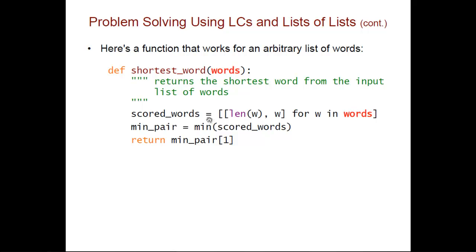I'm assigning the list of lists to the variable scored_words. I then give that to min. It gives me back the pair, the sublist, in which the length is the smallest. I'm assigning that to the variable min_pair. And then what I'm returning is the second element, element 1 of that sublist, and that is the word whose length is the shortest.